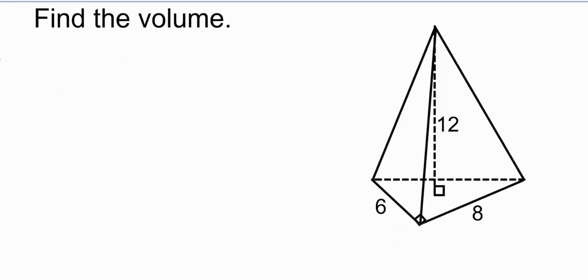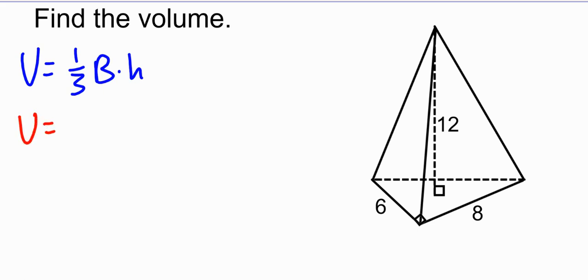The volume of this pyramid is going to be 1/3 the area of the base times the height. Well, this shape is a triangle. I'm actually going to keep this color coded.